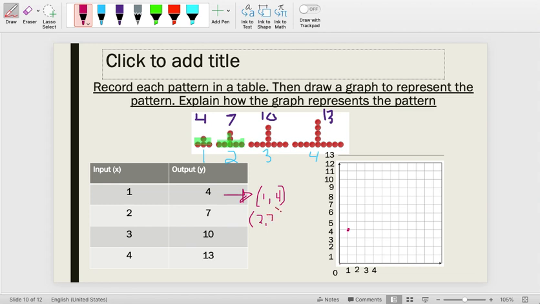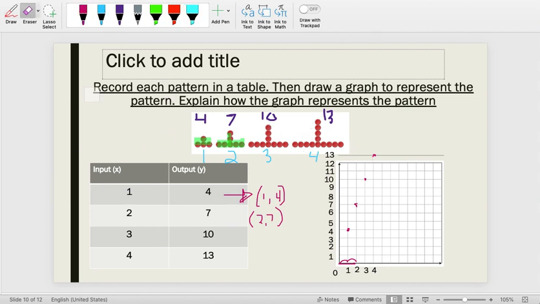I won't do this for all of them, but I'm just trying to help. So you're at the 2, you move 2 to the right, and up 7, right there. 3 and 10, and 4, and I had to make a new one because the one I found wasn't big enough. 4 and 13. Trying to erase this a little bit.